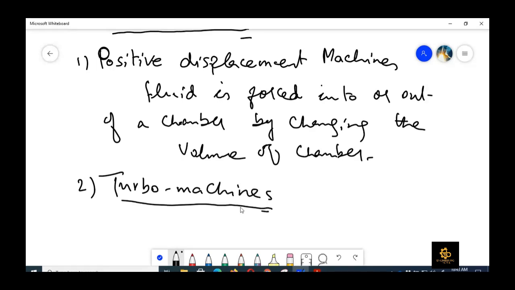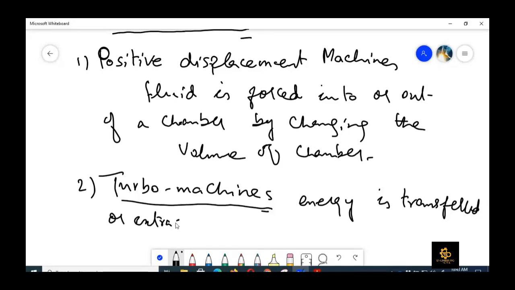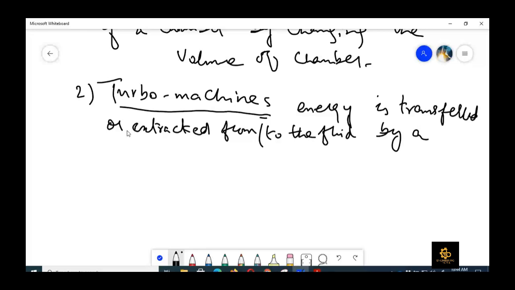So turbo machines are the machines in which energy is transferred or extracted from the fluid by a rotating component, which is usually installed on a shaft, right?